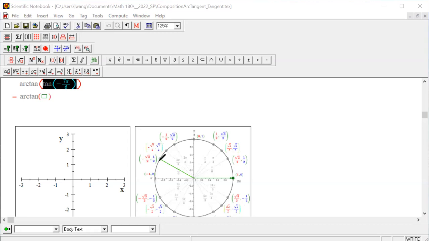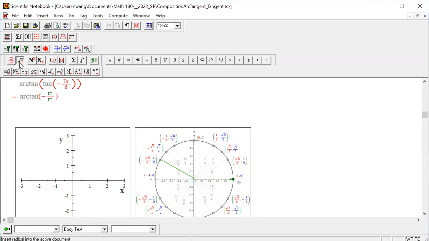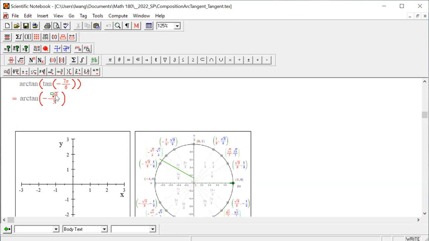It terminates here, and for the point on the unit circle, we take the blue number divided by the red number. The blue is positive, the red is negative, and we're already pretty familiar with that ratio. So this is going to equal -√3 over 3.